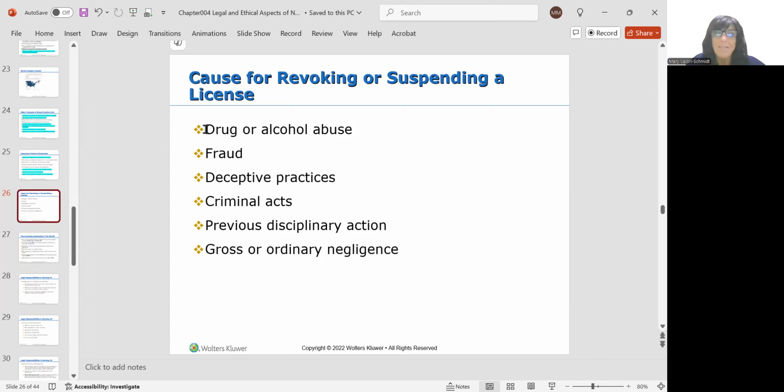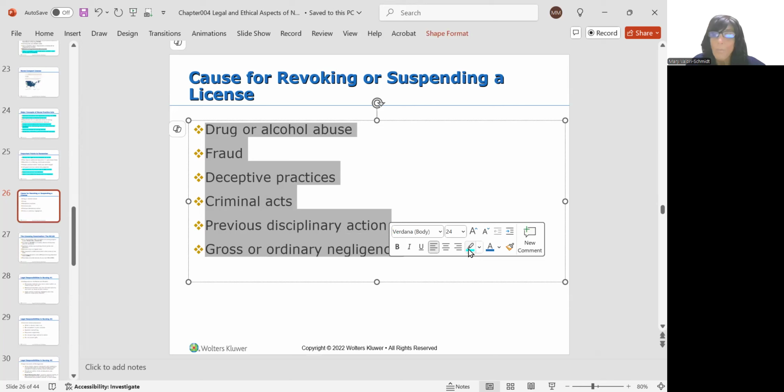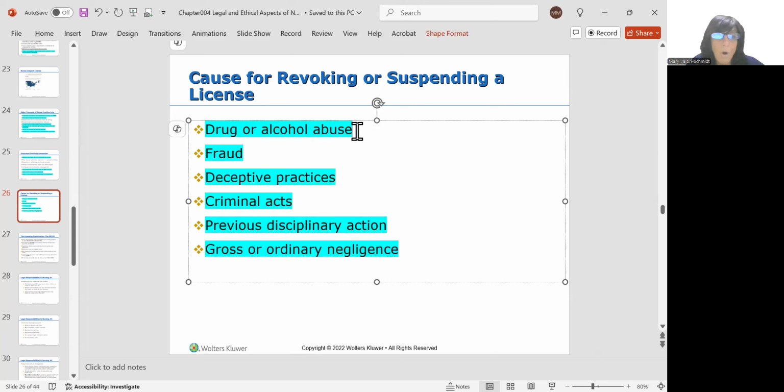Okay, so some of these things here are potential reasons. Drug or alcohol abuse, although there is an impaired nurses program that most states have that will help you get help, okay?